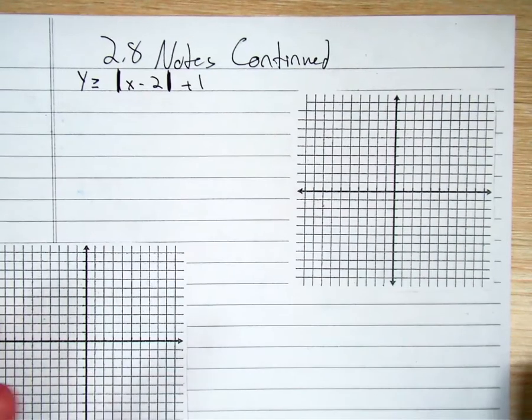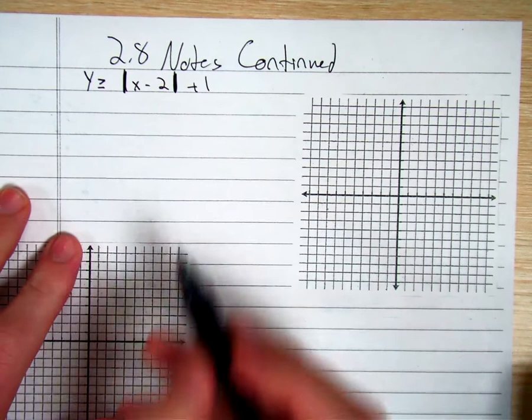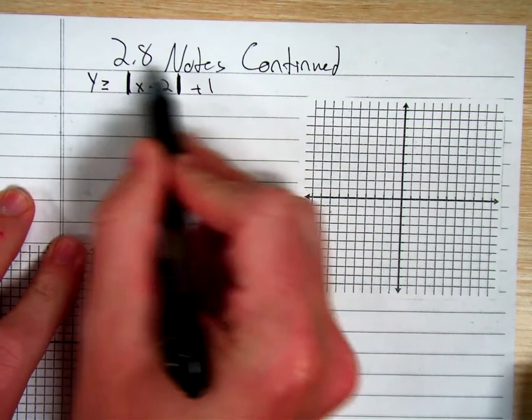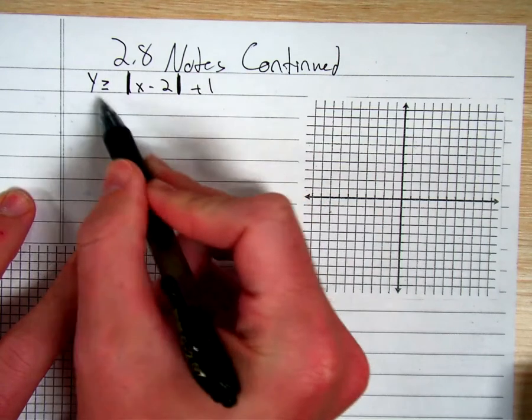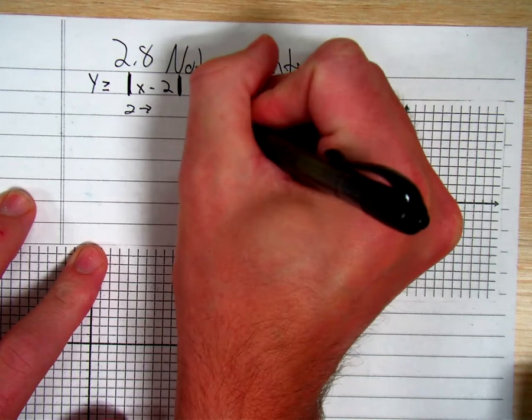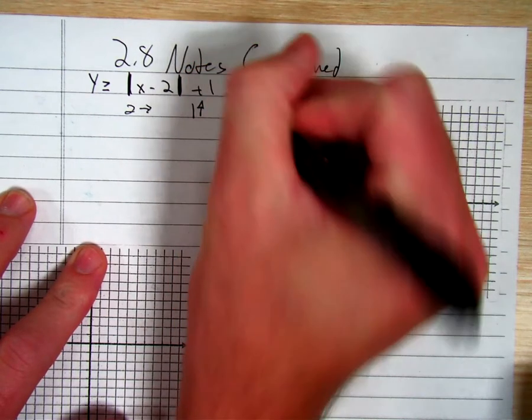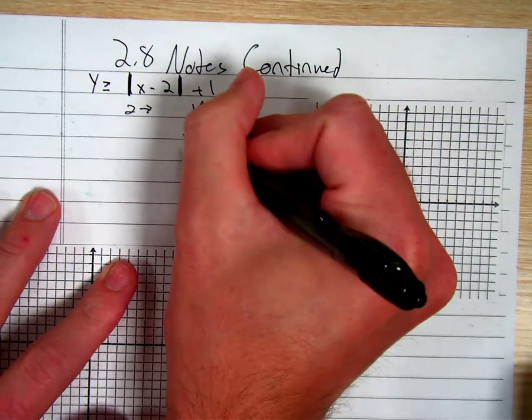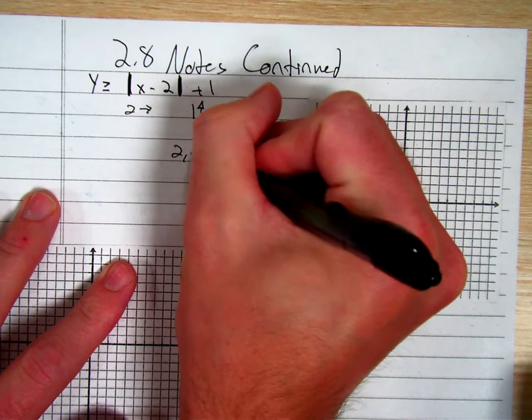Now what about our most recent stuff with absolute value? Let's think about what this told me from our 2.7. This is telling me we're going to go 2 to the right. This is telling me we're going to go 1 up. So I know I'm going to start at 2, comma 1.